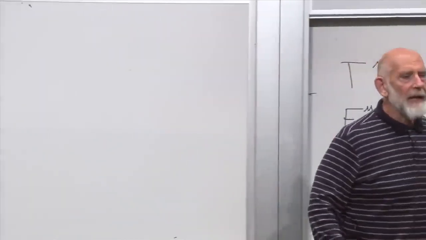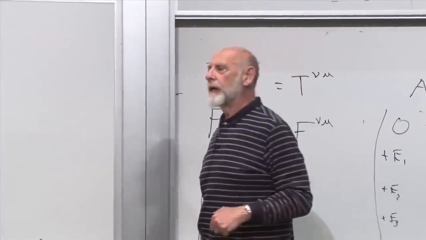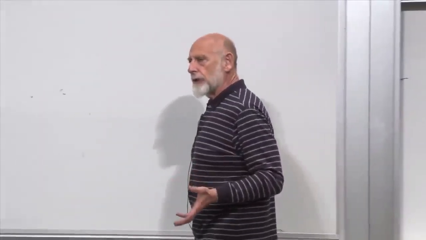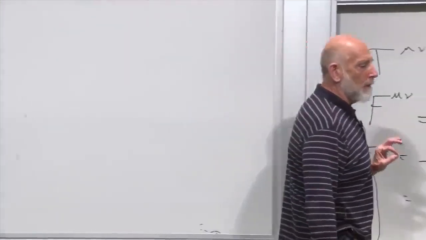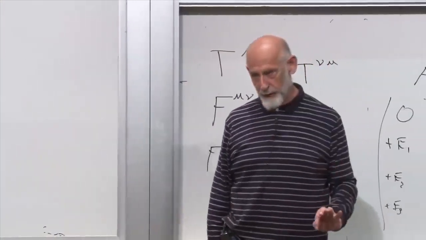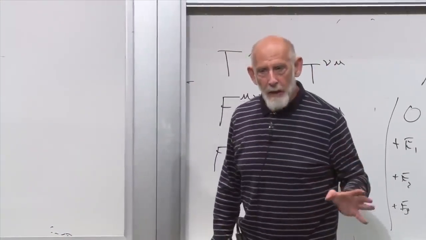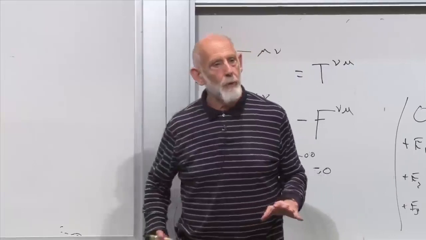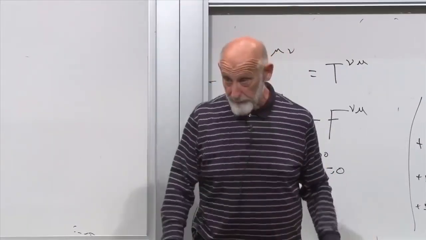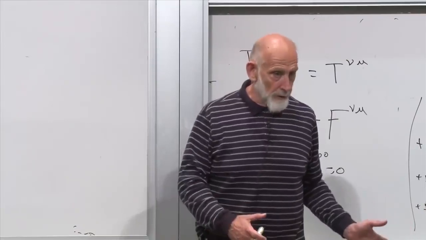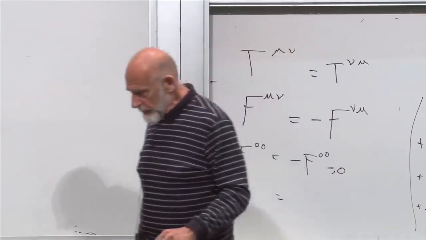Now, we could begin either studying the dynamics of the electric and magnetic field, or we could begin by studying the motion of a particle in an electric and magnetic field. The dynamics of the electromagnetic field would be the equations of motion that electromagnetic fields satisfy, the Maxwell equations, to put it briefly.